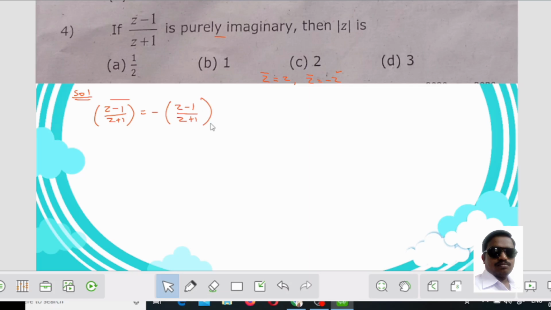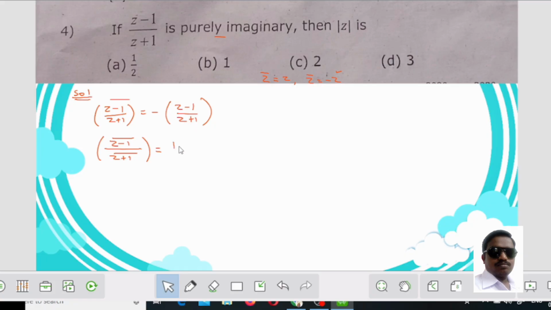From this we can derive the value of modulus of z. See, z1 by z2 whole bar equal to z1 bar by z2 bar. This is also a conjugate numbers property. So z minus 1 bar by z plus 1 bar is equal to, you multiply the minus, so this becomes minus z plus 1.